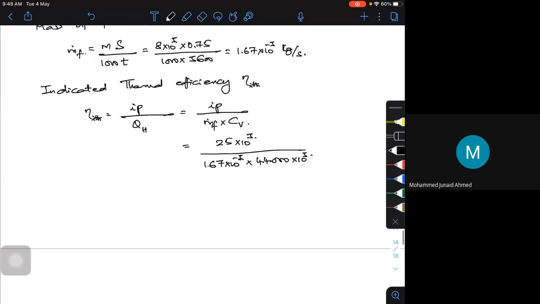If I find it, I am getting around 0.3402, or 34.02%. This is my indicated thermal efficiency, so roughly you can call it 34%.